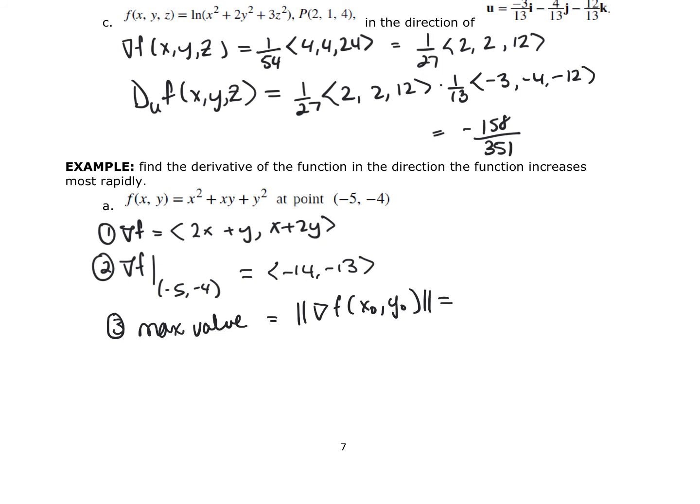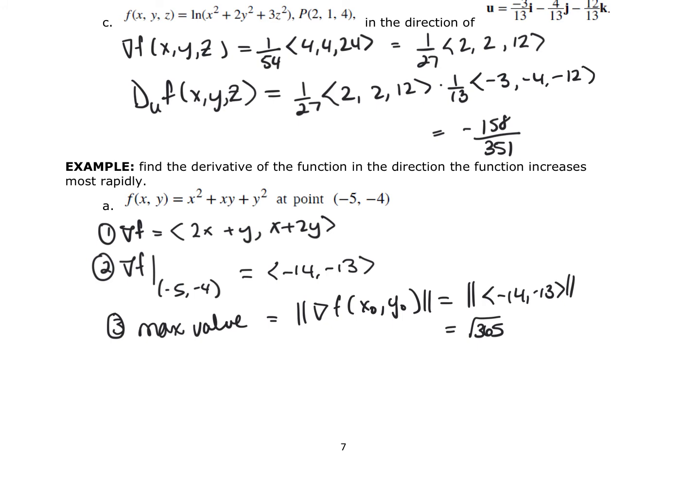So in this case, it is going to be the magnitude of -14 and -13. And the end result here is going to be the square root of 365.